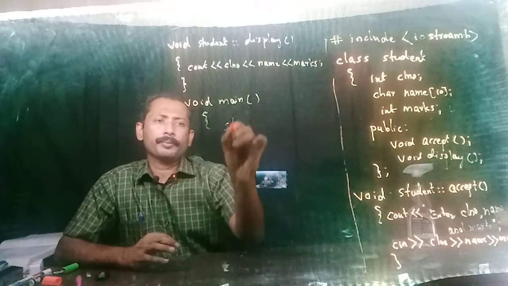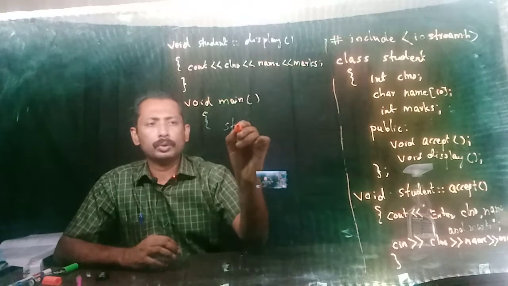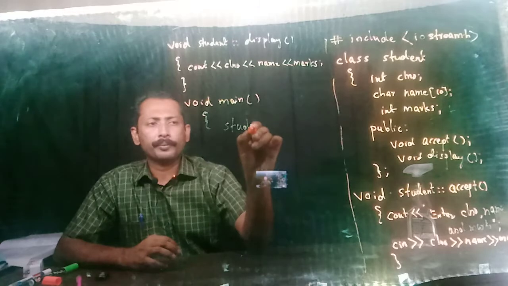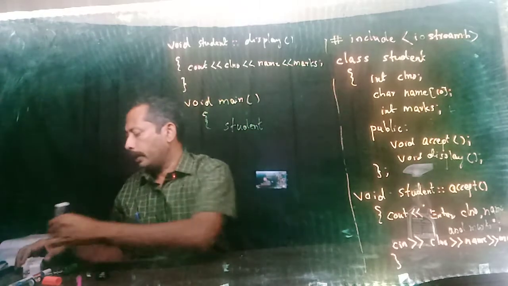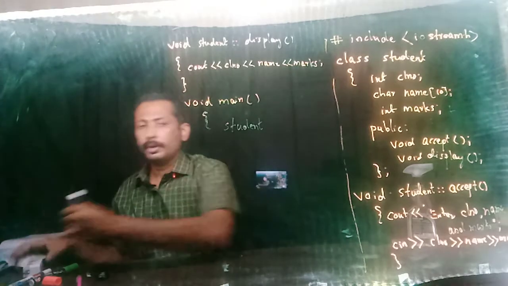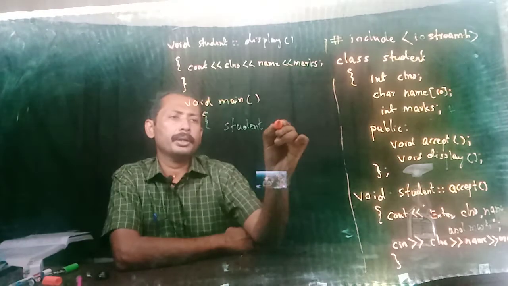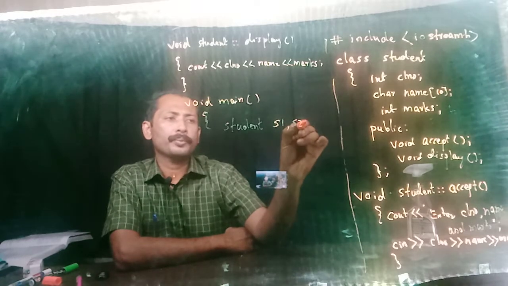So I am defining objects of the class student: student S1, S2.